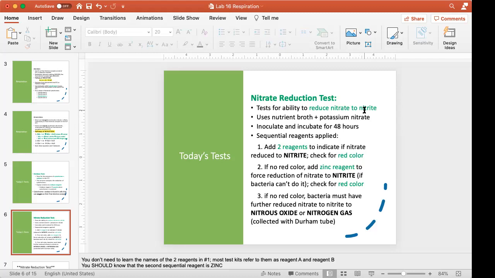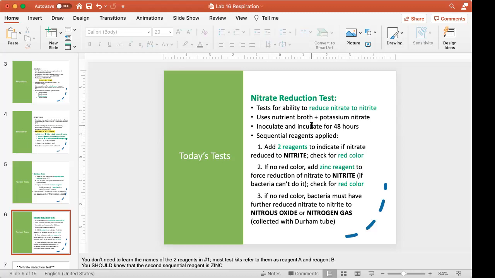So we're going to take our nitrate reduction test media, inoculate it, and incubate it, not for 24 hours, but for a full 48 hours, because it turns out that these reactions, especially the long reduction reaction, take time. So especially for bacteria that are going to take nitrate and reduce it all the way to nitrogen gas, we want to give them the time to do that.